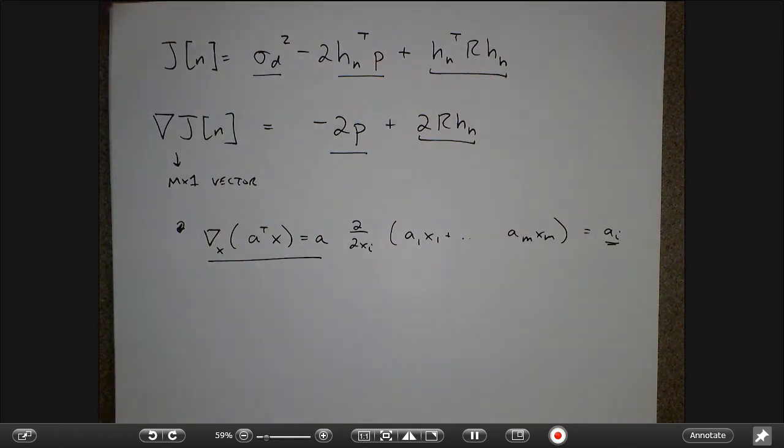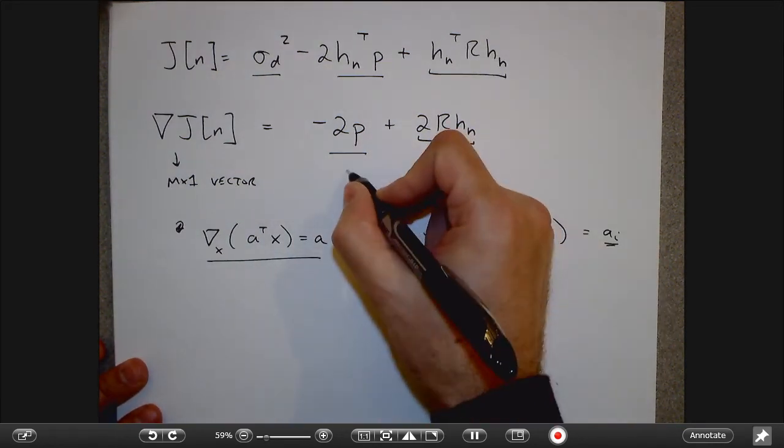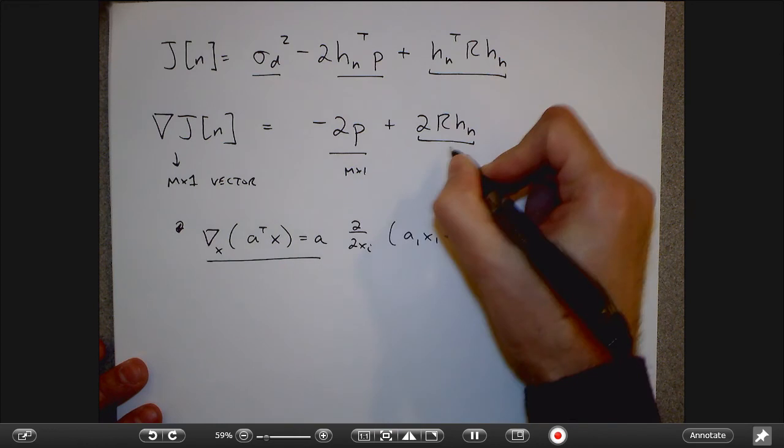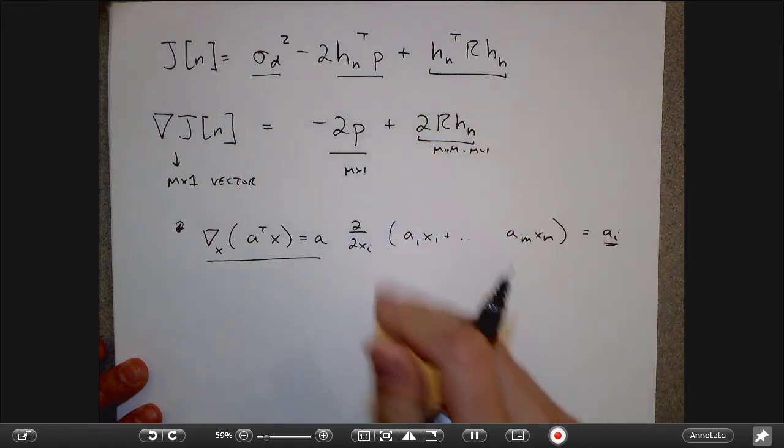So this is kind of like a vector version of taking derivatives. And so, again, this is an m by 1 vector, right? This is an m by m matrix times an m by 1 vector, so that's also an m by 1 vector.